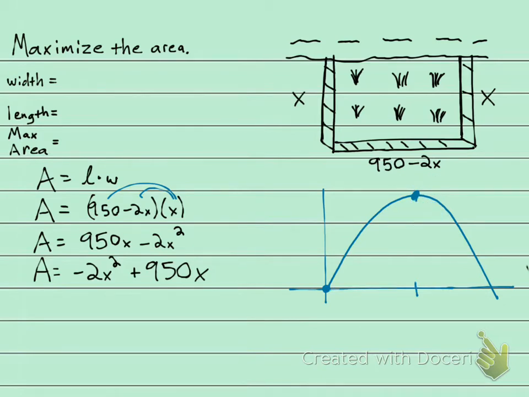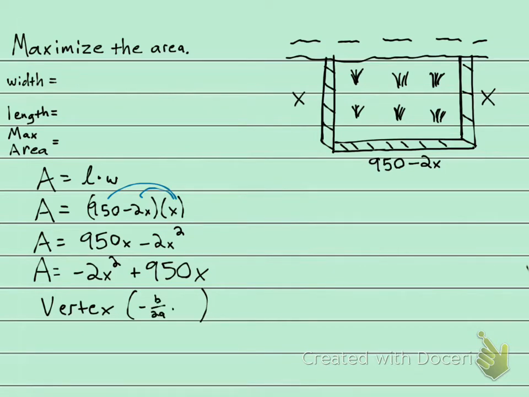Now, if I go back to my polynomial function, and I want to find the vertex in the general form, I know that the vertex is negative b over 2a. That's the x part of my vertex. And then to find the y part, I take the function of that.